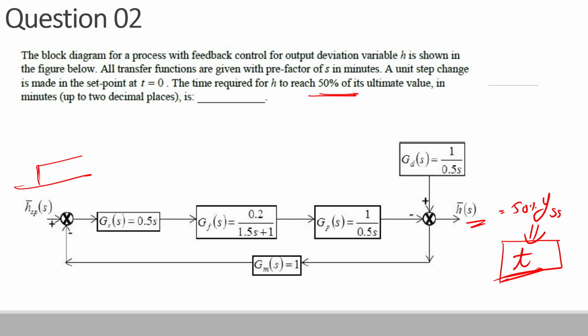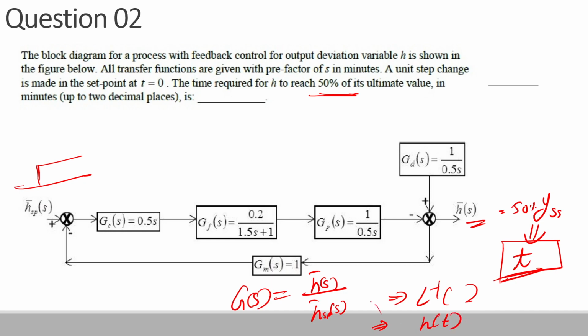So how can we do that? In any of these processes, first we need to find the composite transfer function of this system, of the form h bar s upon h sp bar s. Then we need to take the Laplace inverse of this transfer function, which will give us h of t. Over here we'll put the value of h as 0.5 of the steady state value, and corresponding to that we can find the time.